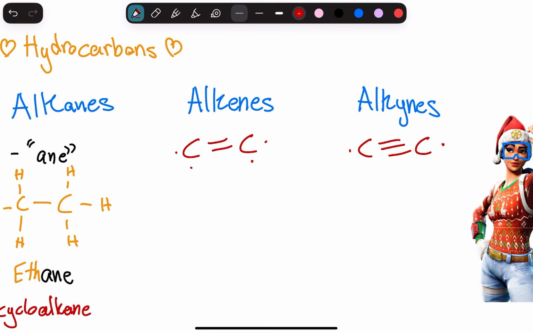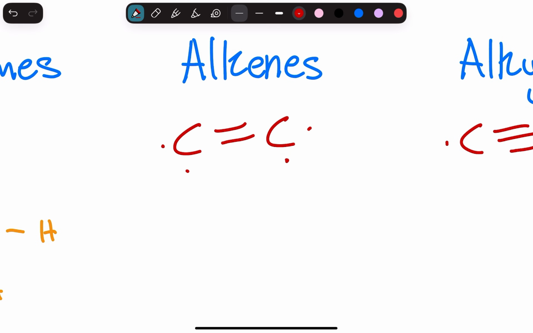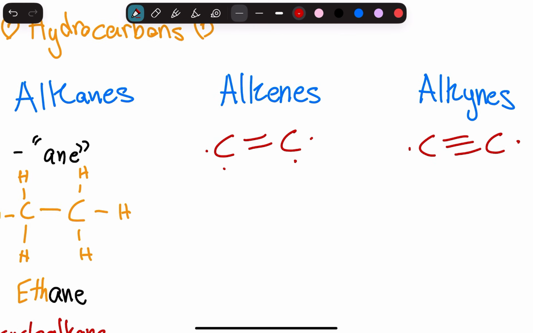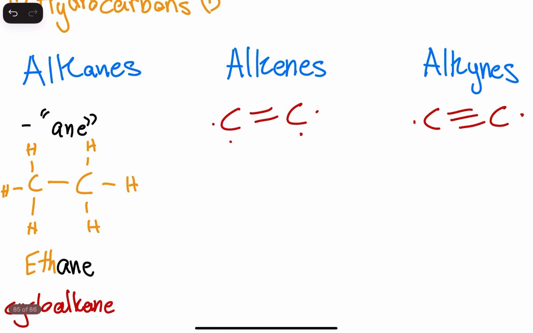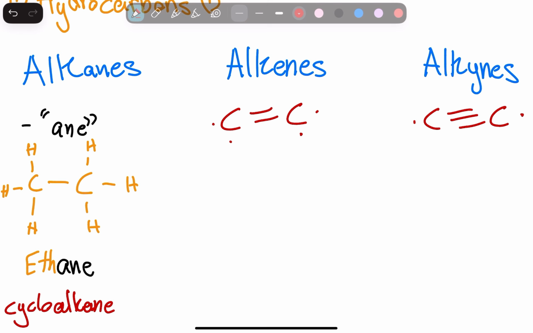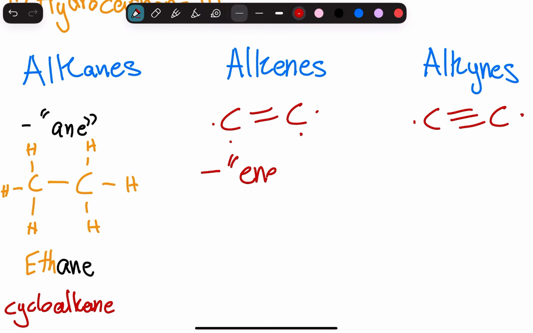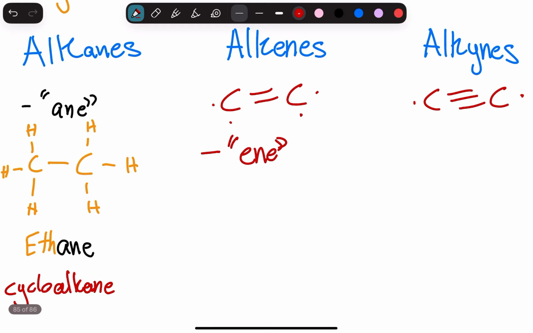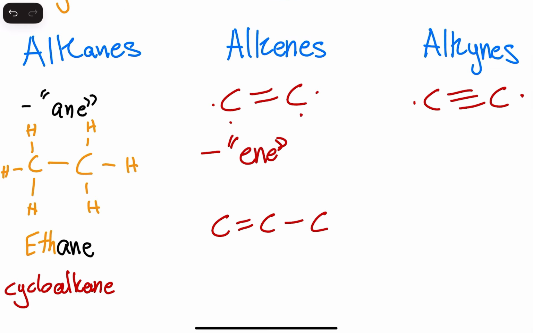So with alkenes, there are some specific things that we need to know. First, we're going to start with the names. Everything that we mentioned here is the exact same, except the ending. It's not going to be ane, it's going to be ene. So if we have, for example, something like this, we can automatically see that there's a double bond.